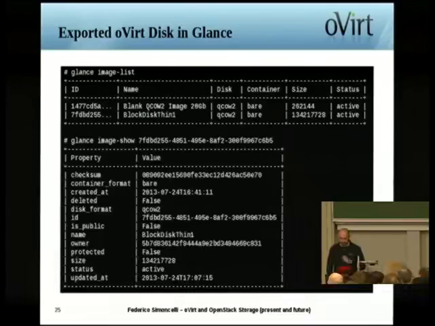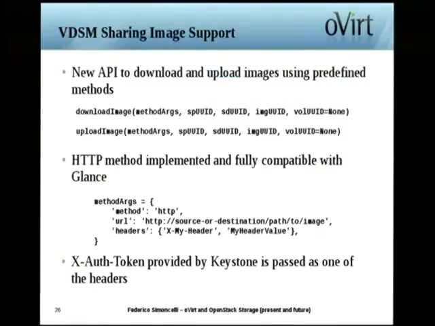And this is based on the VDSM support for sharing images that has been added specifically for Glance, but it can be leveraged for other methods of transfer of images. So we have two new APIs that we use in VDSM that are download image and upload image.